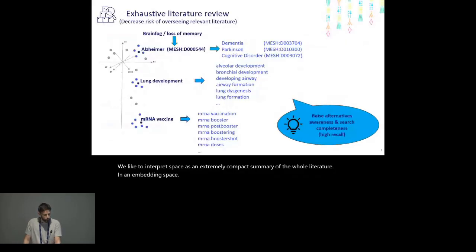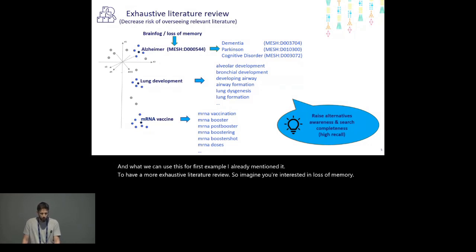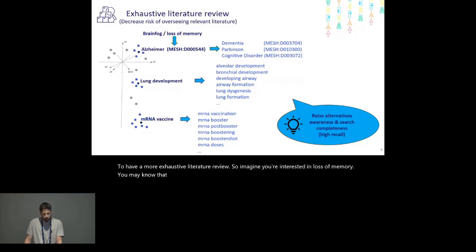And what can we use this for? First example, I already mentioned it, to have a more exhaustive literature review. So imagine you're interested in loss of memory. You may know that Alzheimer's is one of such diseases causing loss of memory, but you may not know all the diseases causing loss of memory.